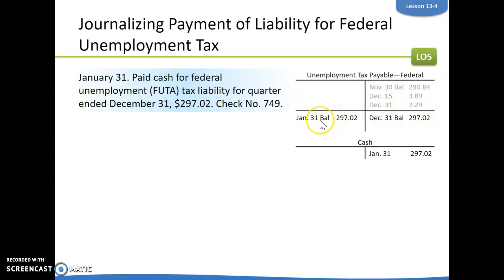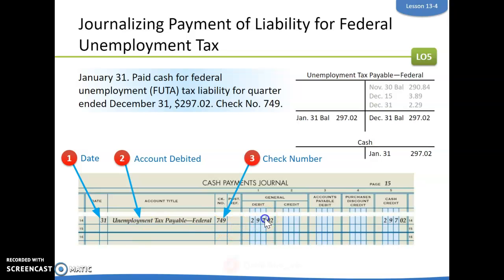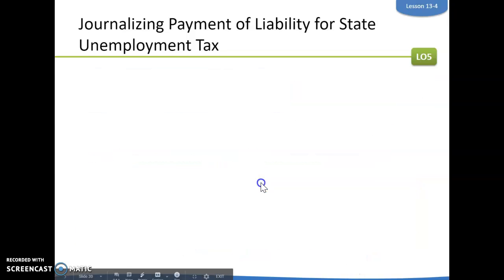So now I am going to pay this amount, and then cash is going out, so it would be a credit of $297.02. So these will equal each other out, and then this is paid. So how that's journalized is date, unemployment tax payable federal, check number, and then the debit amount and the credit amount should be the same. Now remember, I have to decipher between federal and state, so I cannot put these together at the same time. This is going to the federal government.